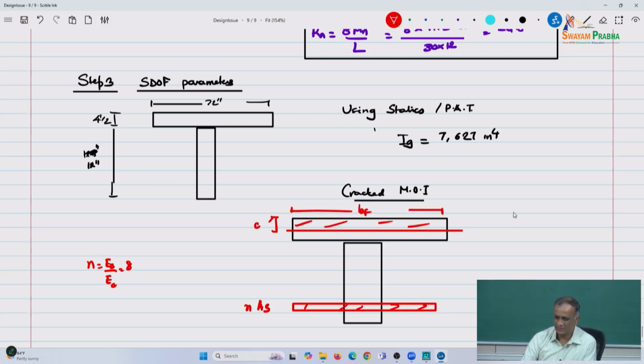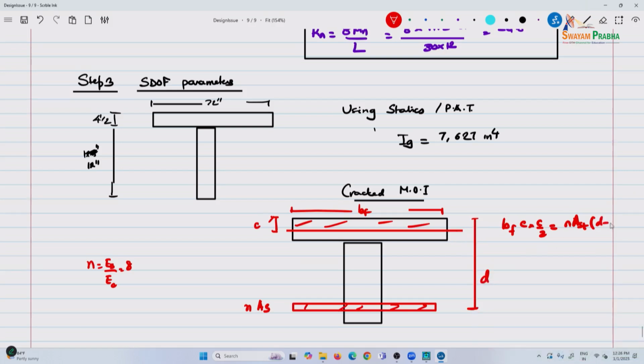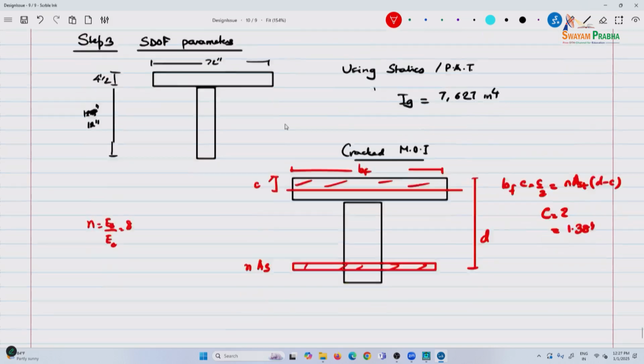So I'll just provide the equations. BF times C multiplied by C by 2 is NAS times D minus C. So this is D, we know all those numbers. So D minus C, this is your quadratic equation. You find C to be 1.38.